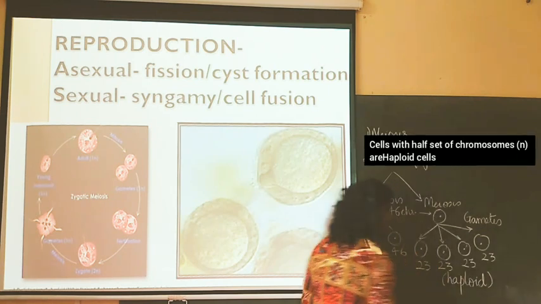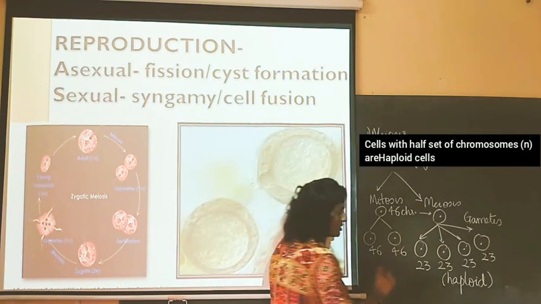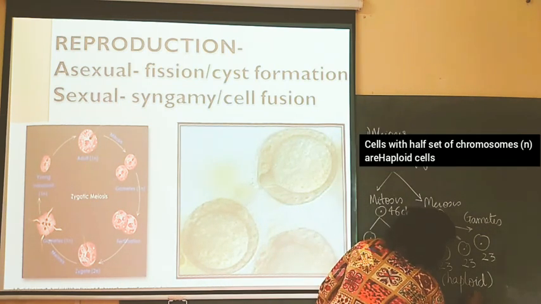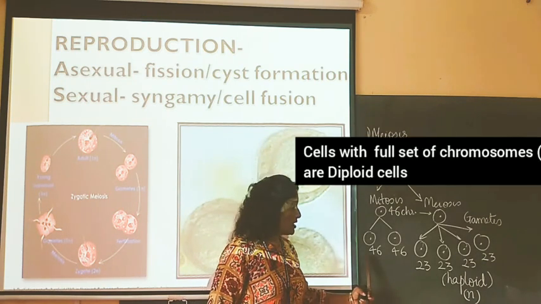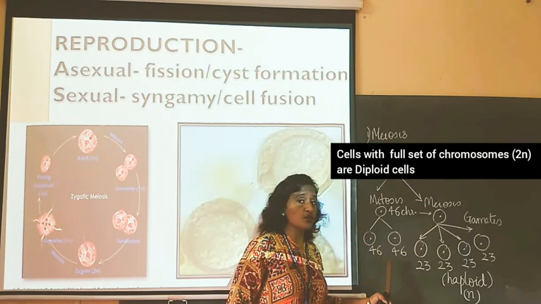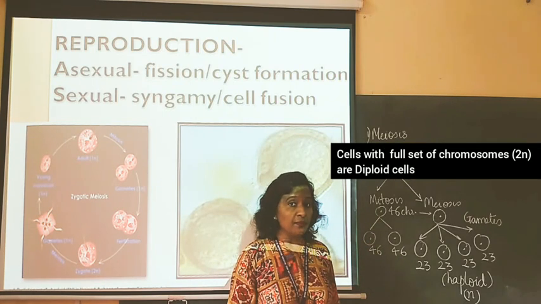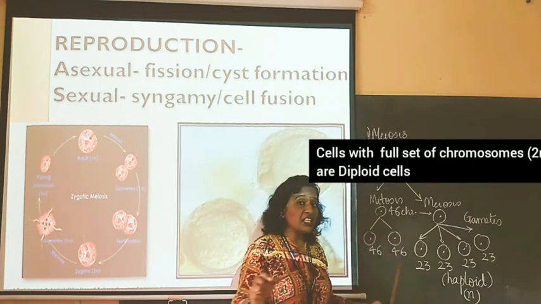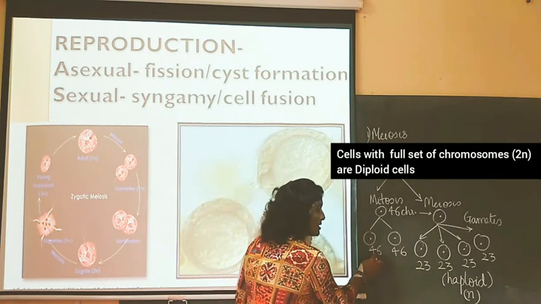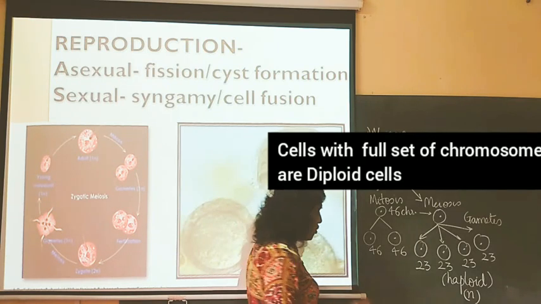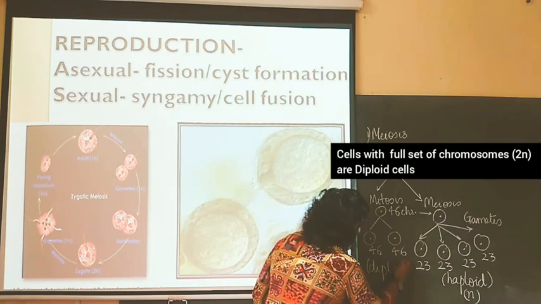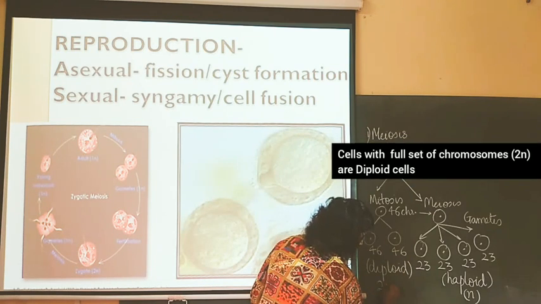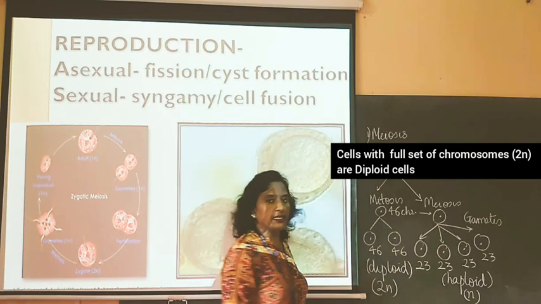Such gametes we call haploid, and we designate them as small n. Whereas in mitosis, since the number of chromosomes remains the same and there is no reduction, such cells are called diploid, and we designate them as 2n.